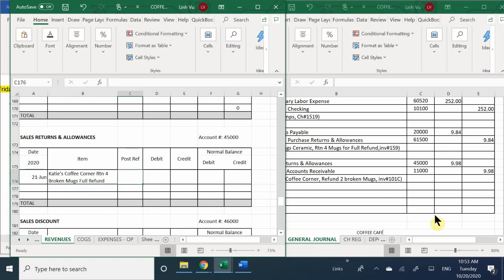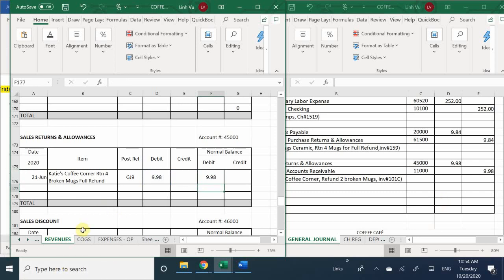So my post reference is going to be General Journal number 9. And am I debiting my account or crediting my account? You're going to debit it for $9.98. Is that correct? Yes. Bringing my beginning balance to $9.98.